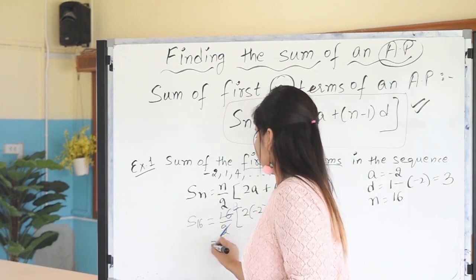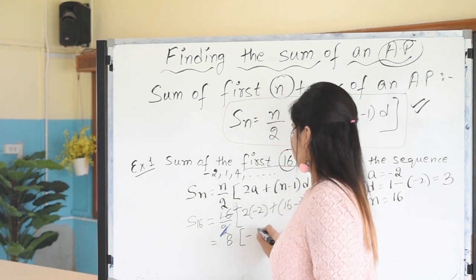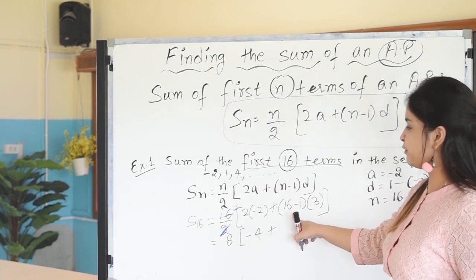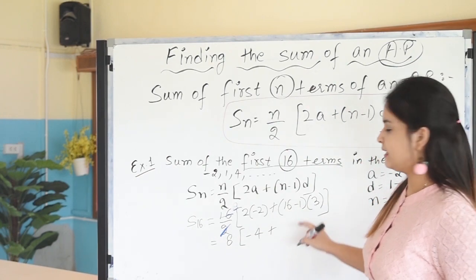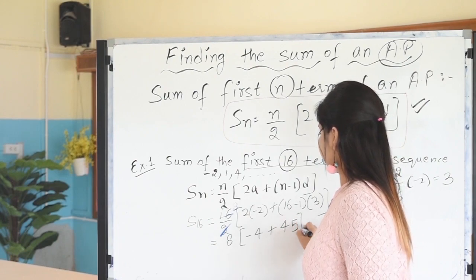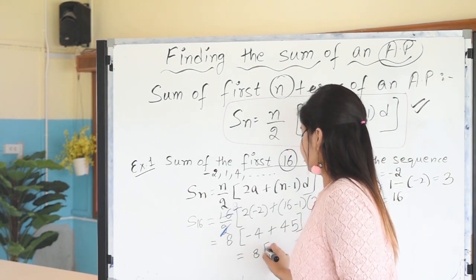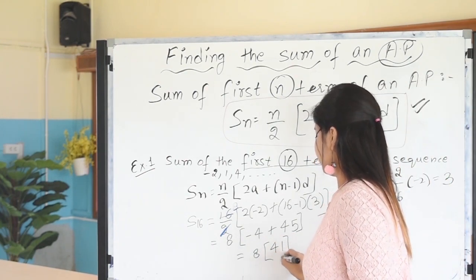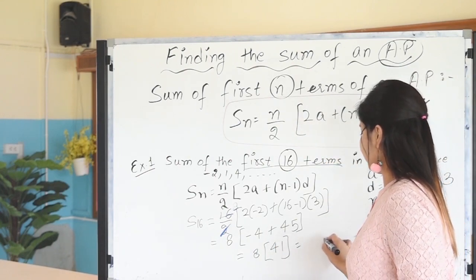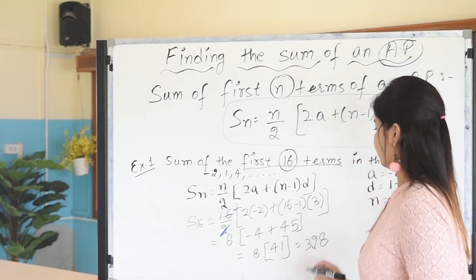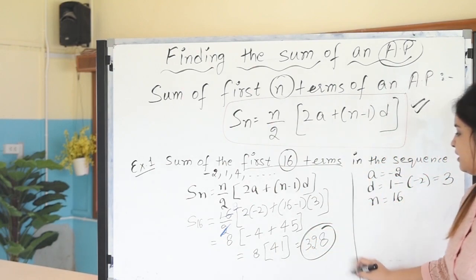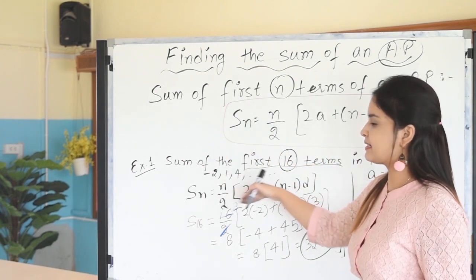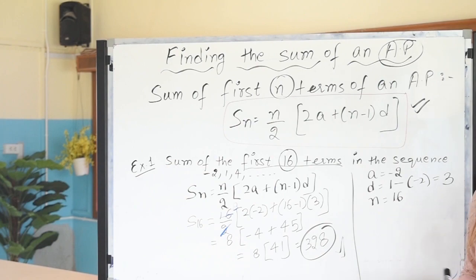This will become 8 times (-4 plus 15 times 3). 16 minus 1 is 15, 15 times 3 is 45. So this will be 8 times 45 minus 4, which is 41. Now multiply. So your answer is 328. So the sum of first 16 terms of this given sequence is 328.